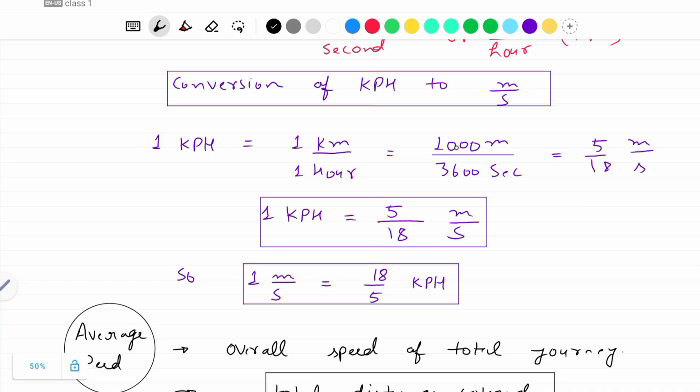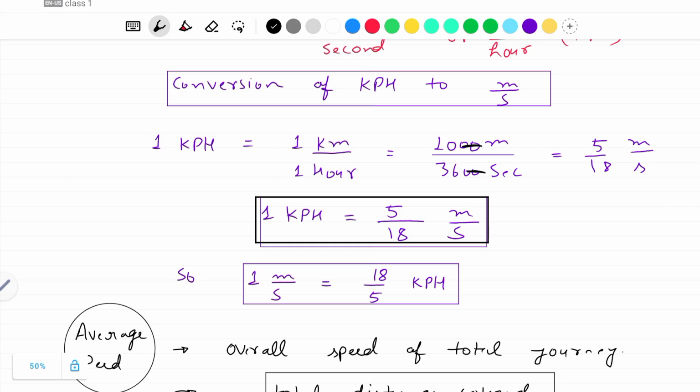If you cut these two zeros, it becomes 10 over 36, which is 5 over 18 meter per second. It means in 1 kph we have 5 over 18 meter per second.